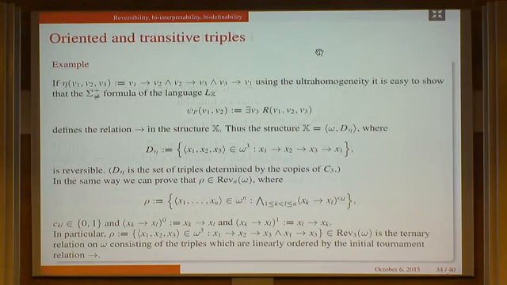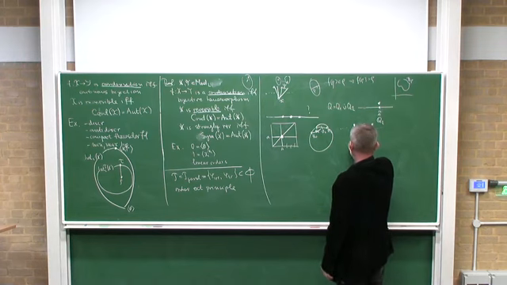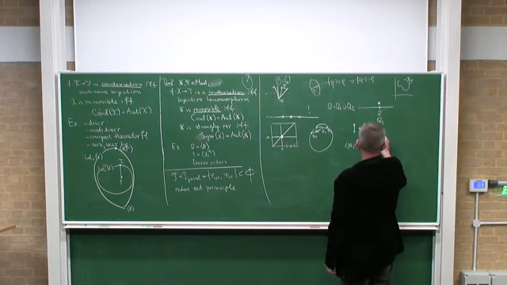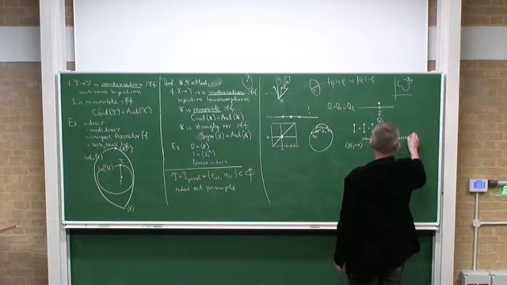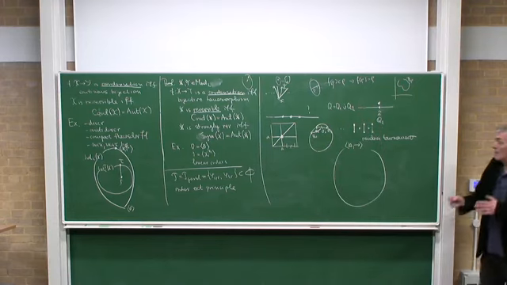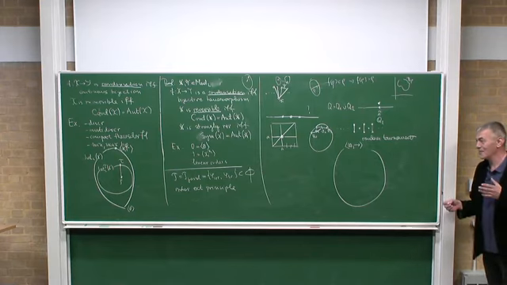Example. The point here is the following. You have a random tournament, and the following two ternary relations are reversible.